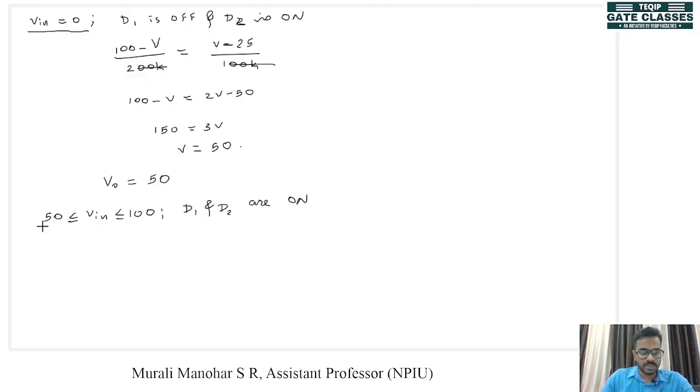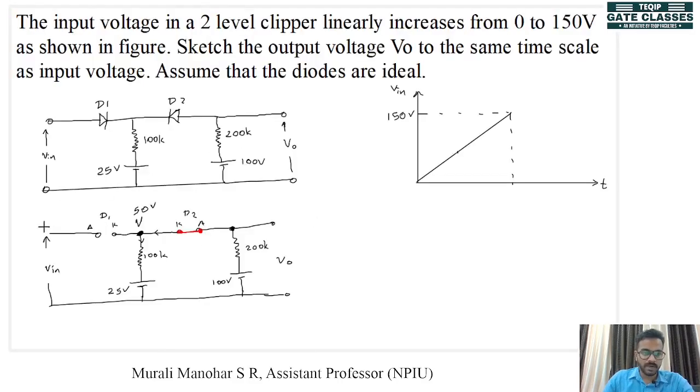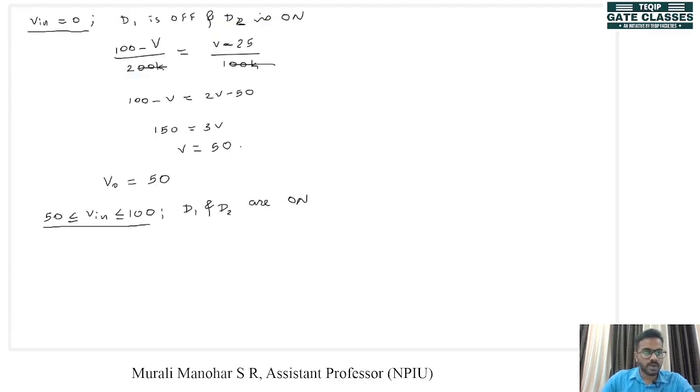Thus this is the second case, when 50 ≤ Vin ≤ 100. In this case D1 and D2 are on. When D1 and D2 are on, here also we have a short circuit. When this is also short circuited, now our output is directly connected to the input. So V out will be equal to V in.